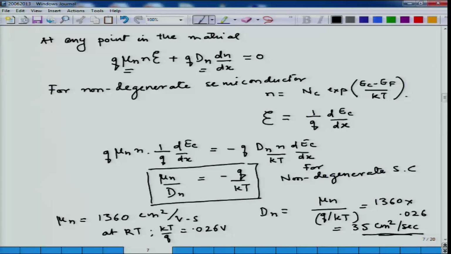So, now we have a relationship between mu n and D n, or mu p and D p, and we can use that for our purpose.